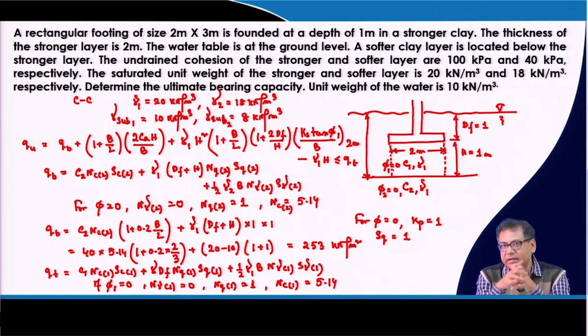But as it is assumed that there will be a punching kind of failure, the total soil along with that foundation will deform within a zone given by these straight dotted lines.